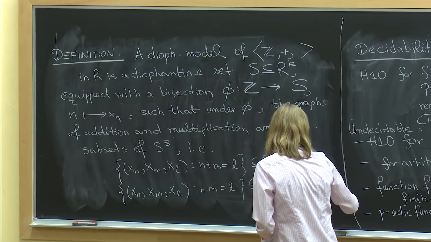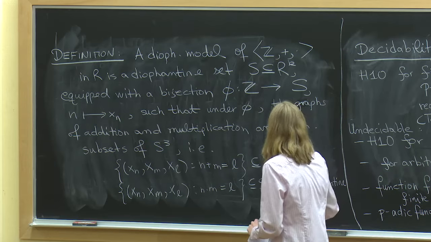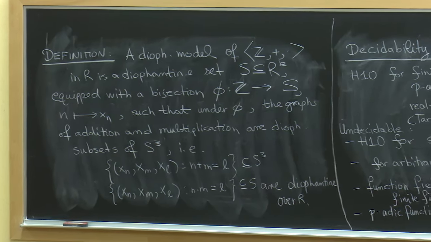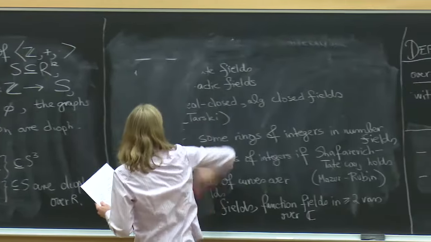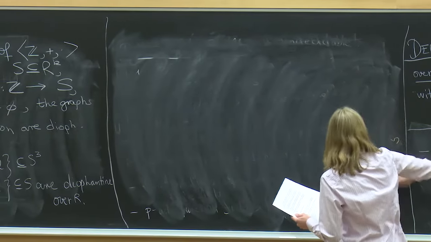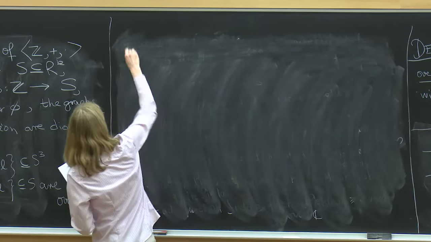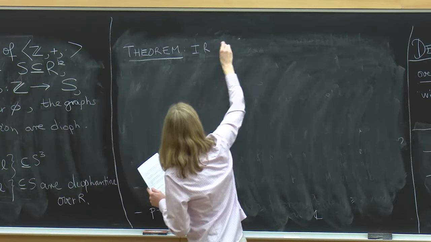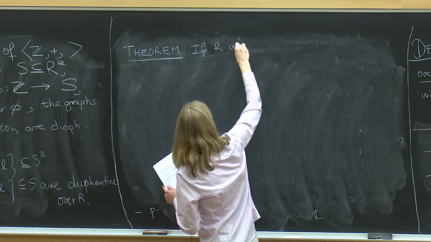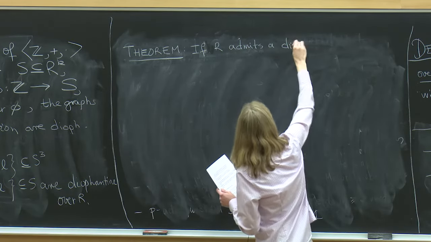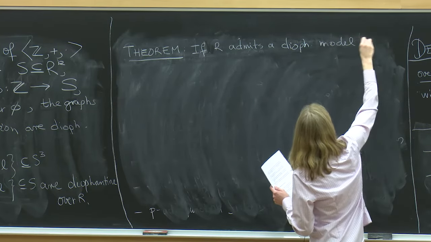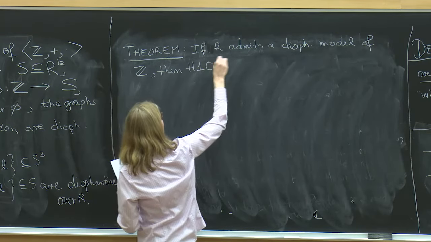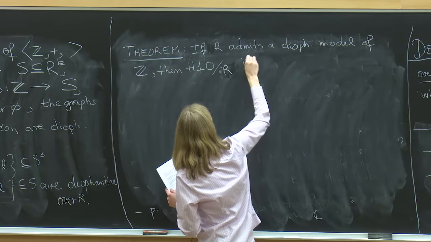These must be Diophantine over R. And then the same argument as before, the same proof, shows that if R admits a Diophantine model, then Hilbert's 10th problem is undecidable over R.